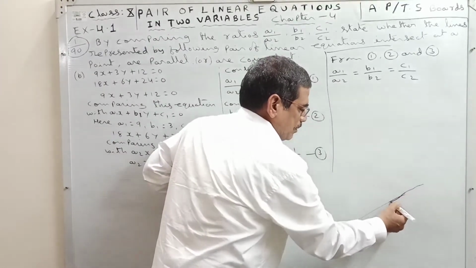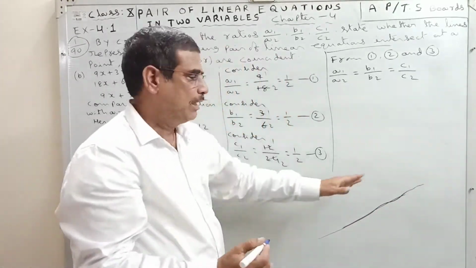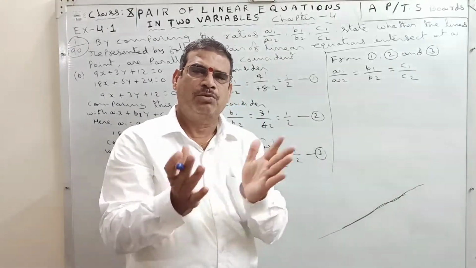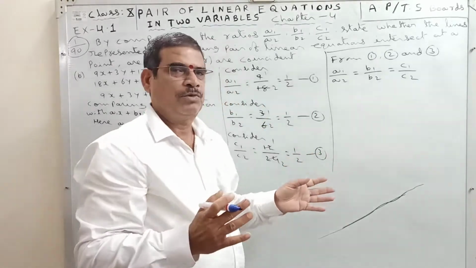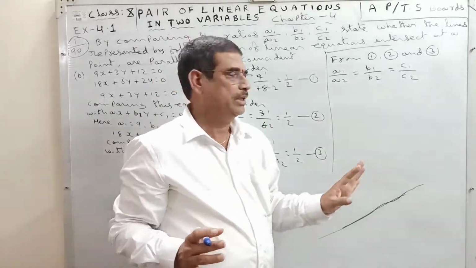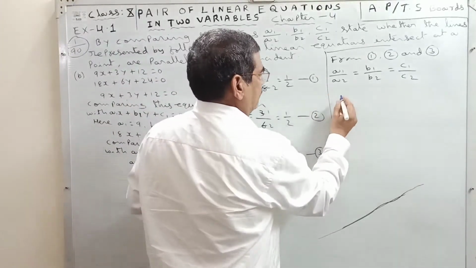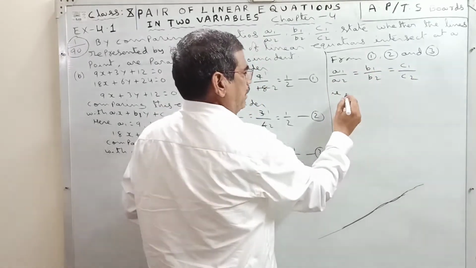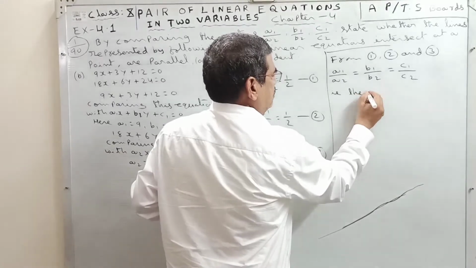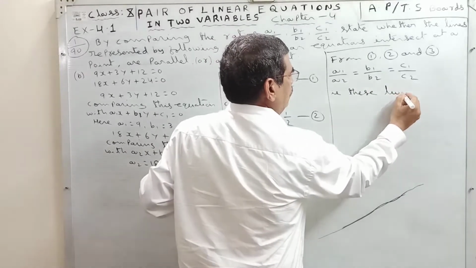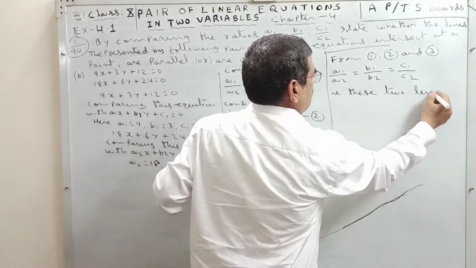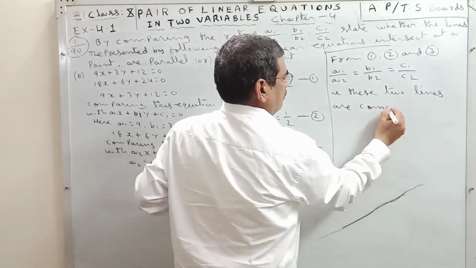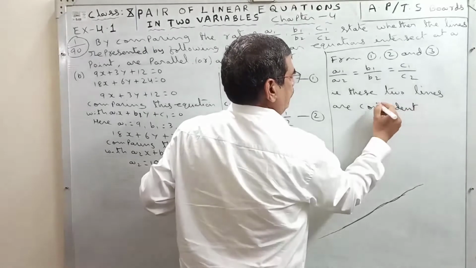So the second line will also be on the same line. That means these two lines are coincident. Coincident means one lies on top of the other. So, these two lines are coincident lines.